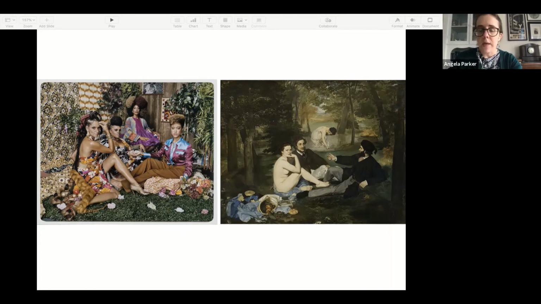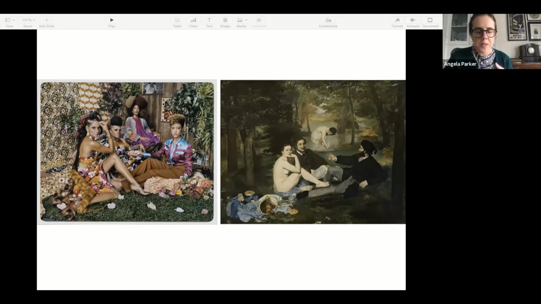And some of the things that we dug into were the ways in which she takes what's ostensibly a natural setting in the Manet, this idyllic grove, but is truly, once we look closer at the painting, oddly artificial, and leans into that artificiality with a 70s rec room, carpeted in astroturf with faux flowers and fruit scattered across it, faux trees in the background, and cascades of floral 70s textiles on the left-hand side and in a lot of the women's clothing.